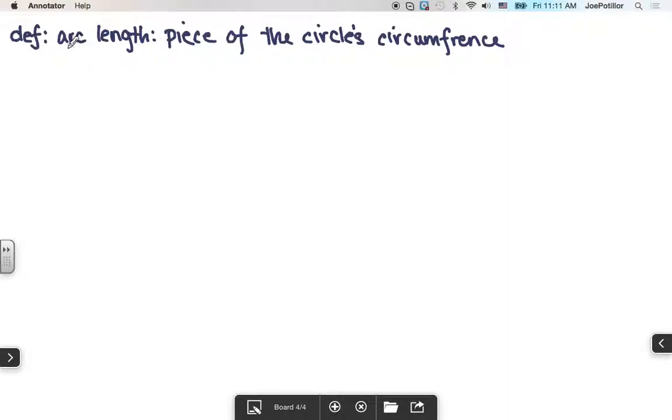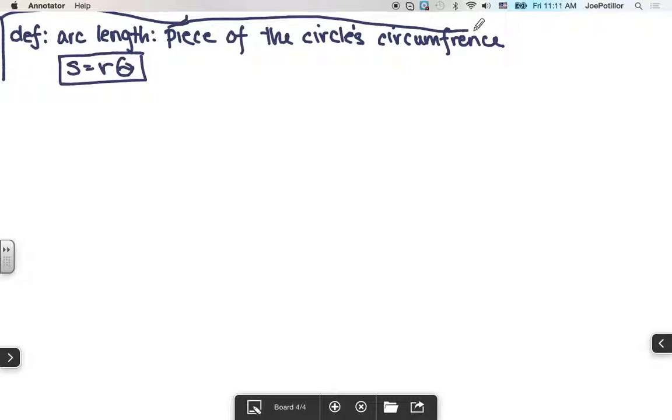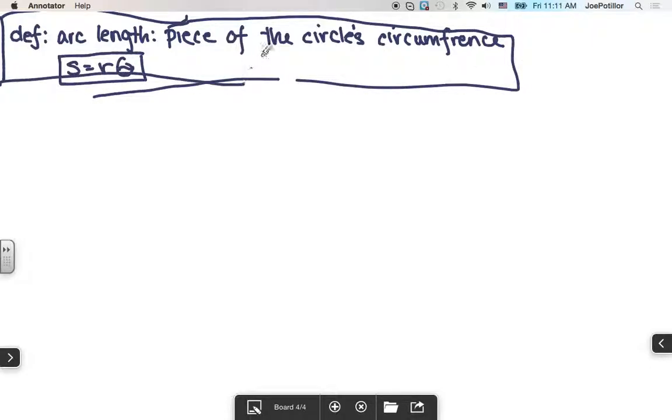So, of course, we use the equation S equals r times theta for that. Okay. The arc length is a measurement of the circumference. The units for S are, of course, meters.